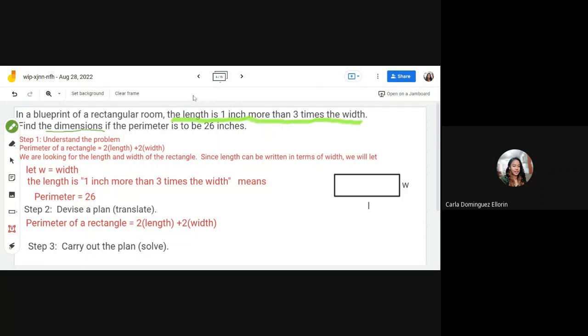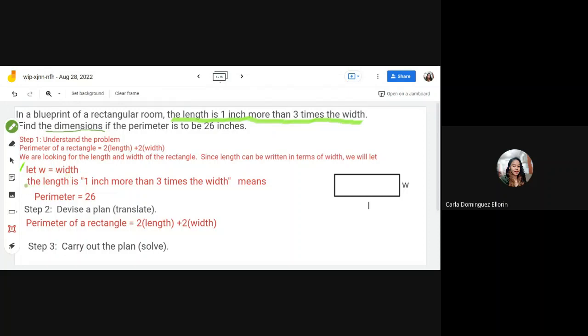So, since wala tayong given na value ni width, i-let natin si W. So, let W is equal to width. You can actually use other variables, but since we're looking for the width, we can just represent it by W para alam ninyo na W is the width.